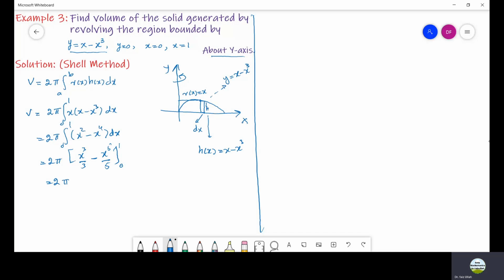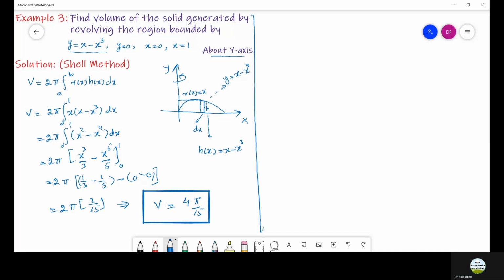We have 2π, and if we put 1, 1³ is 1, so 1/3 minus 1⁵ is 1, so 1/5, and minus 0. Let us simplify this. We have 2/15, and finally we get the volume, which is 4π/15. So that is the required solution.